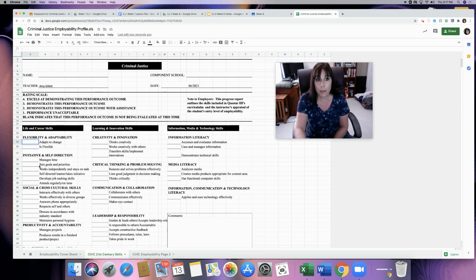Manages time, sets goals and priorities, works independently and stays on task, self-directed learner, takes initiative, develops job-seeking skills, attends regularly and on time, social and cross-cultural skills, interacts effectively with others, works effectively in diverse groups, answers phone appropriately, respects self and others, dresses in accordance with industry standards.